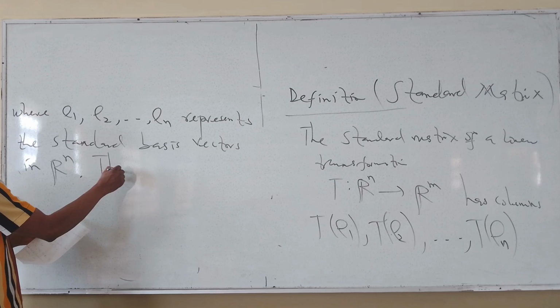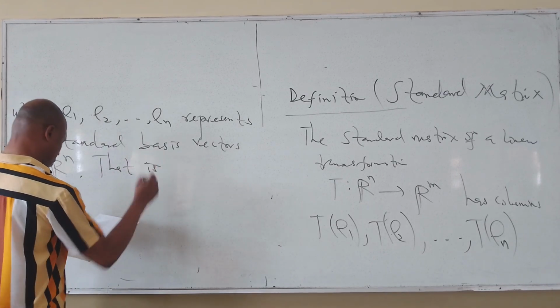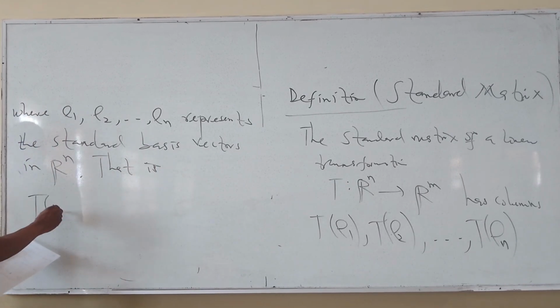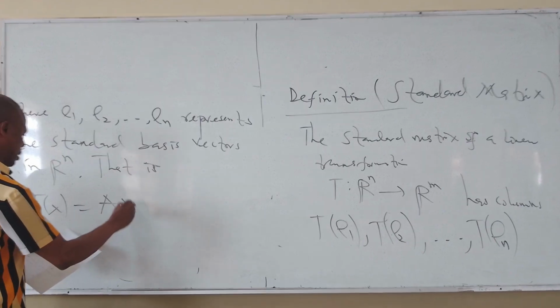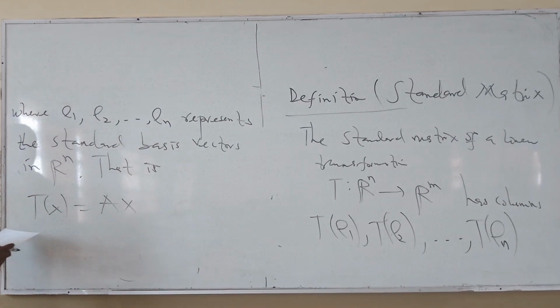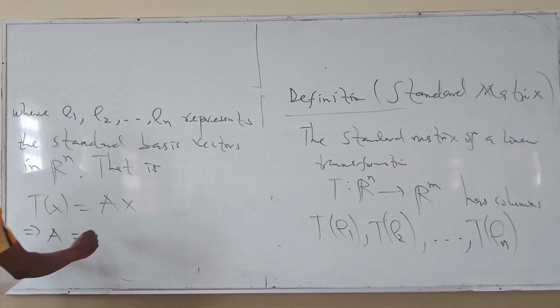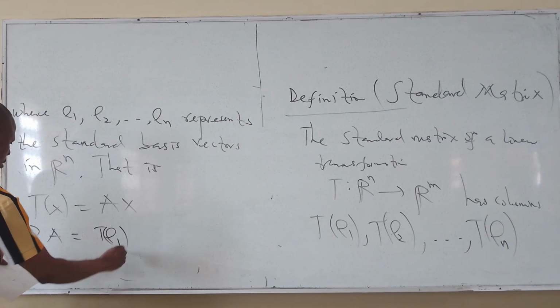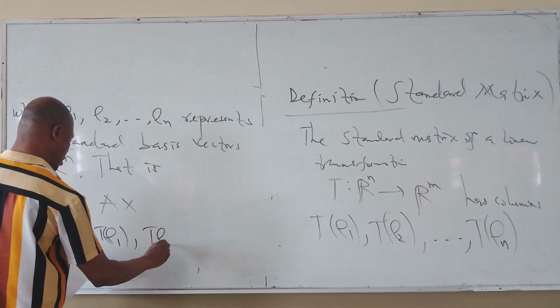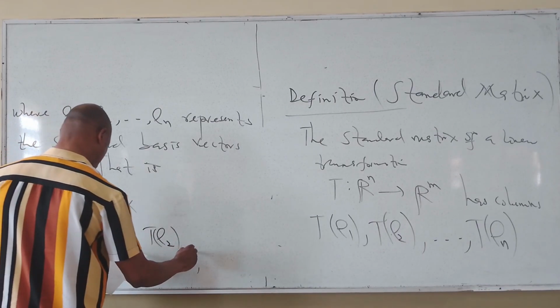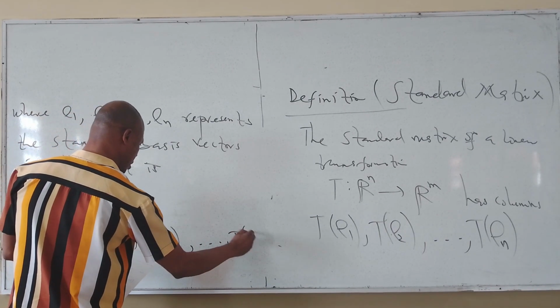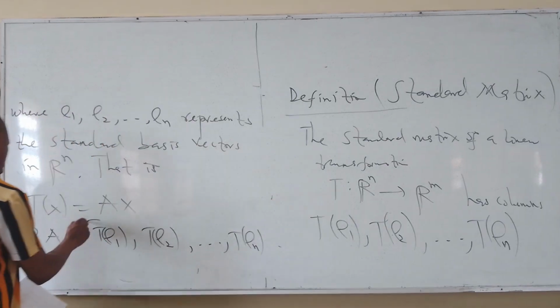That is, T(x) equals Ax. So this implies that A is a matrix, right? We are saying that the columns of this matrix A are T(e1), T(e2), up to T(en). So this is a matrix.